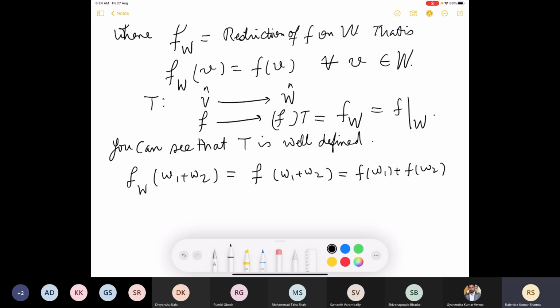Now whenever the domain element is in W, F and FW are the same.